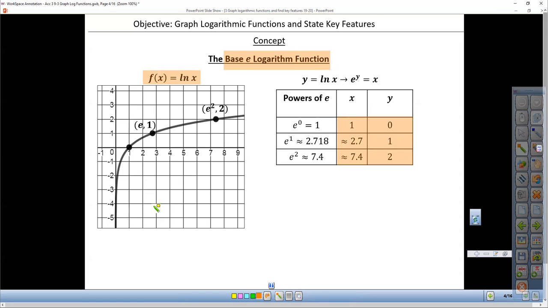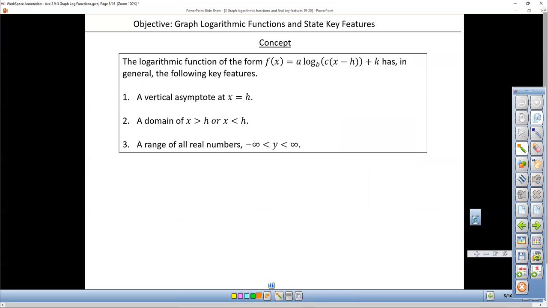So the vertical asymptote always starts at the y-axis and then it moves left or right depending on the horizontal translation, which is created from h. So here we're looking at the structure of our logarithm functions that we will be graphing by hand.